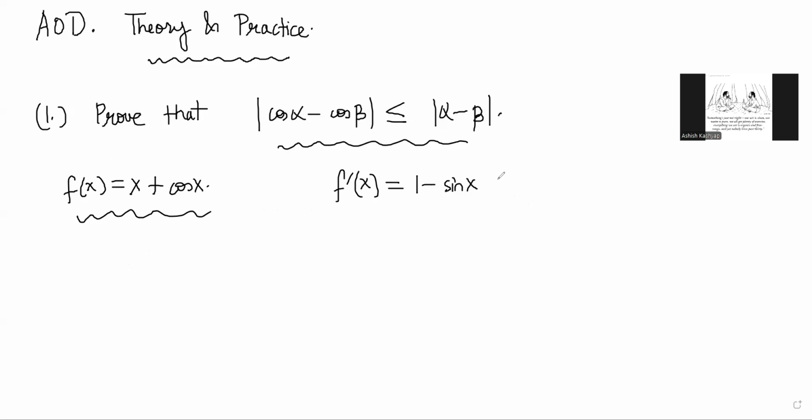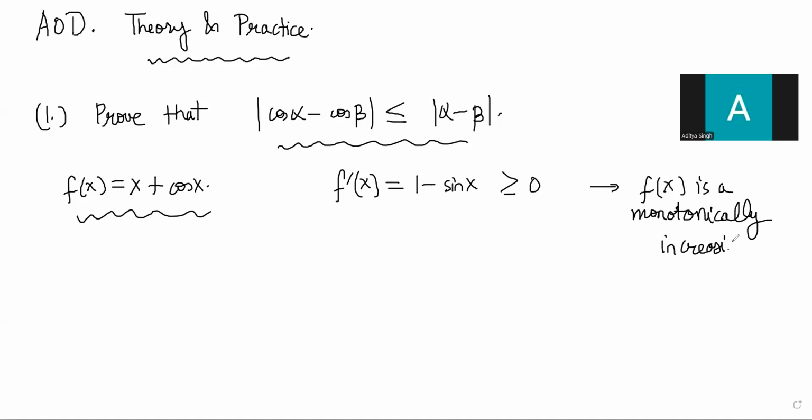Correct. And the derivative is always positive, correct? So this means that f of x is a monotonically increasing function because the derivative is always positive, right?